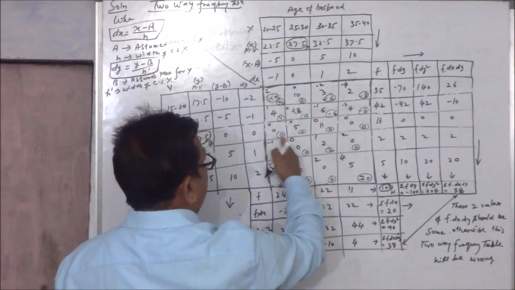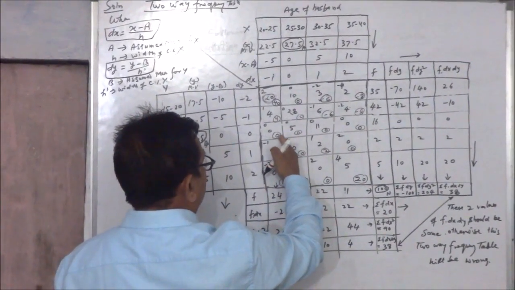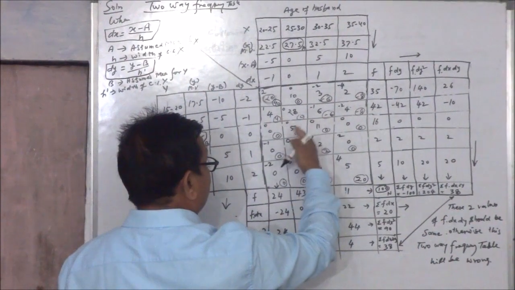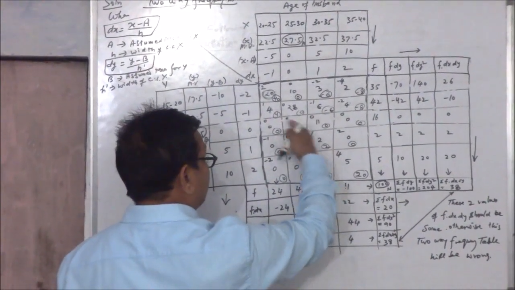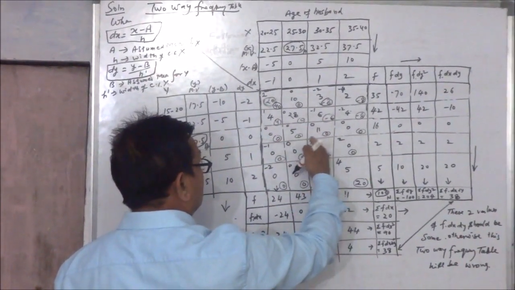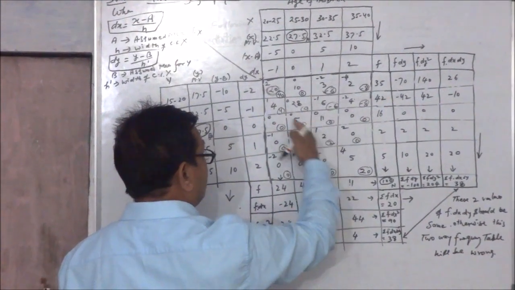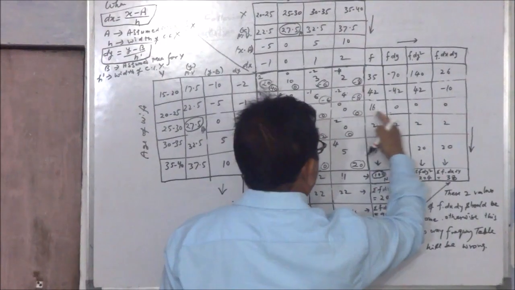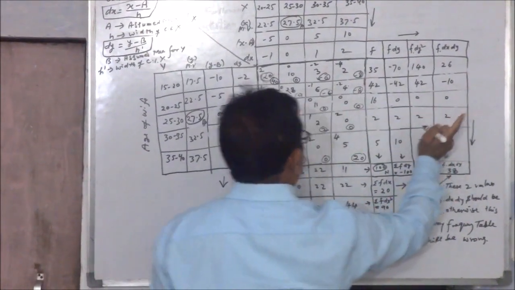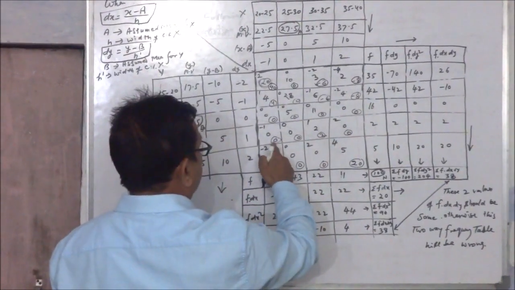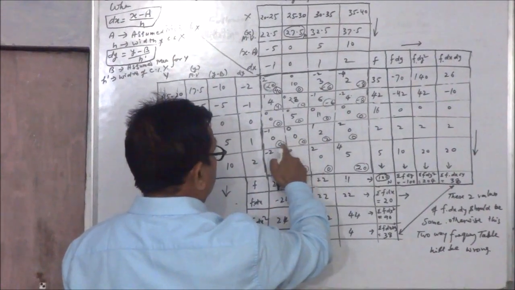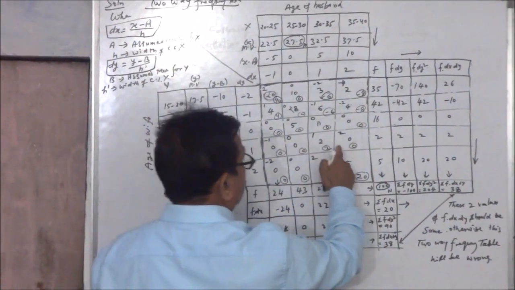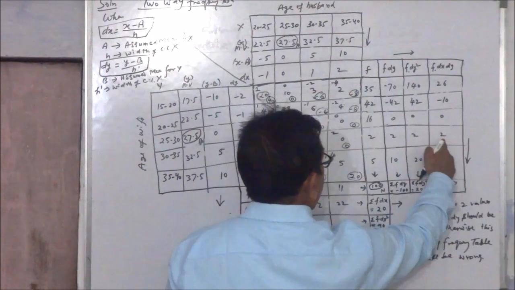Similarly, add all these values of f dx into dy. All the values of f into dx dy are circled. I have put all these values of f into dx and dy in circles. Add all these values: 0 plus 0 plus 0 plus 0, you will get 0. Next, add 0 plus 2, 0 plus 0 plus 2 plus 0, f dx dy will be 2.